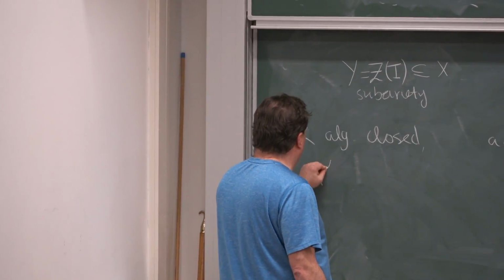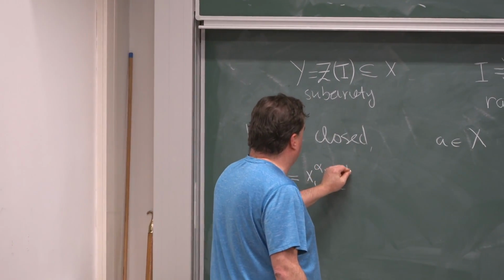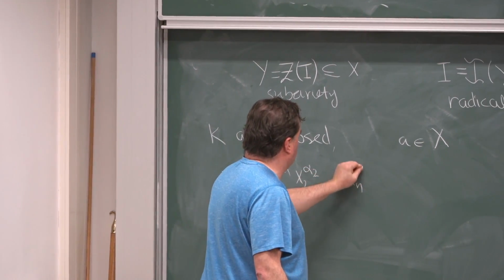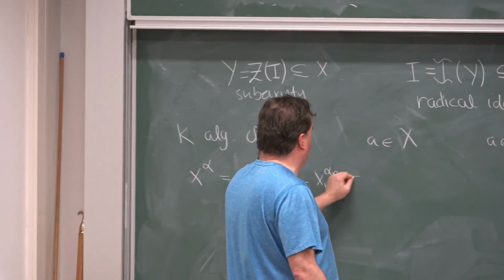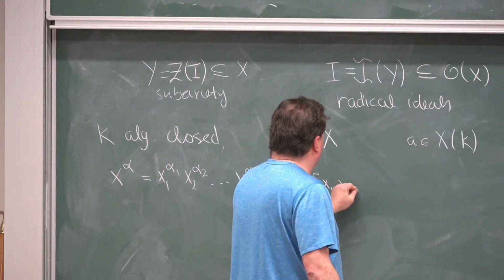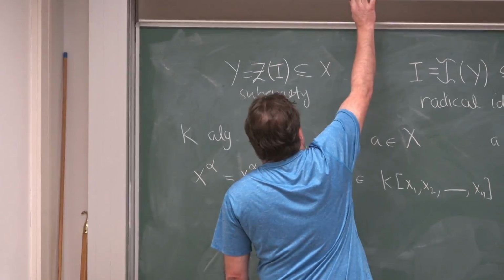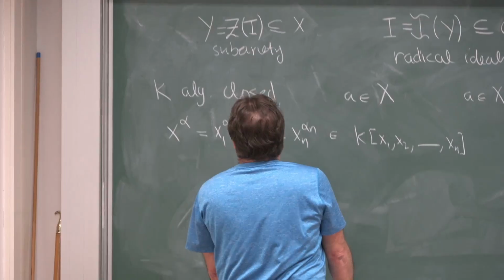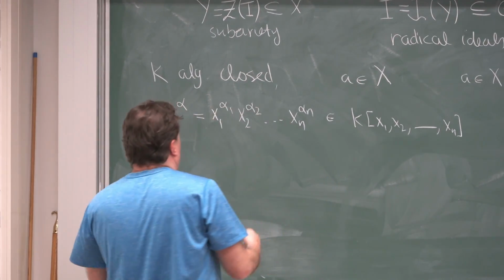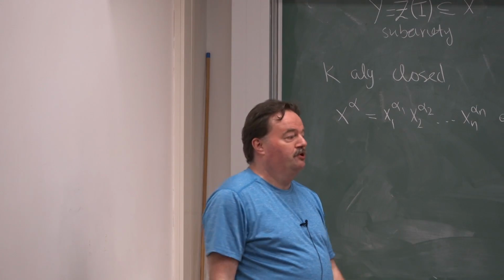Now, a monomial, I use this shorthand notation for a monomial in the polynomial ring. And for computations, in the end, almost all our computations will be computations in the polynomial ring.